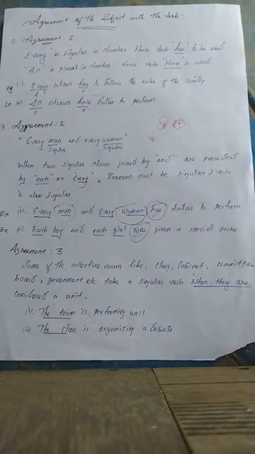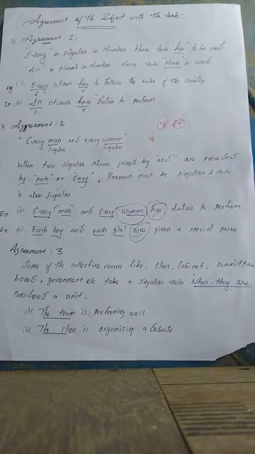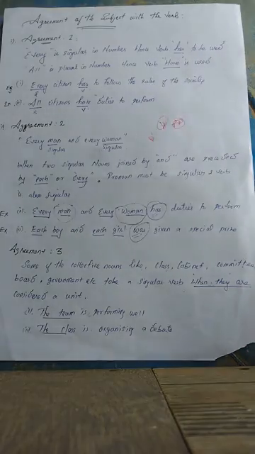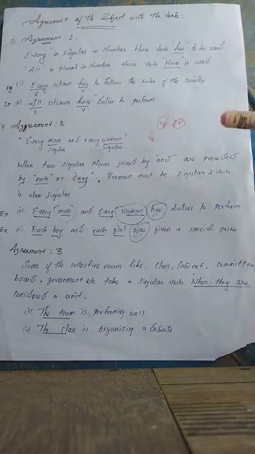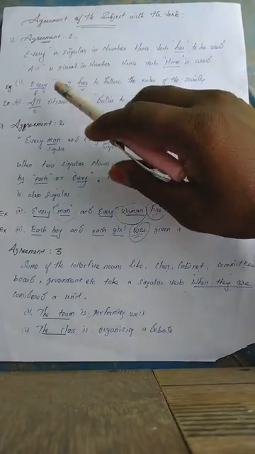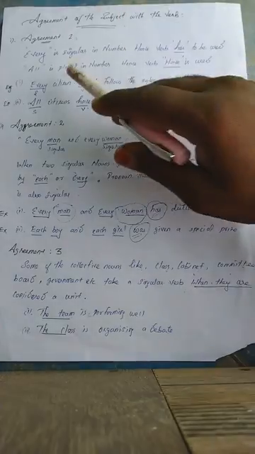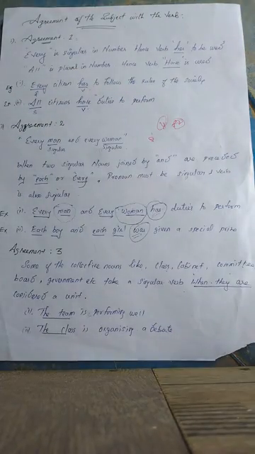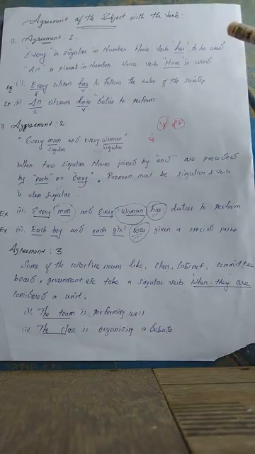So if you come across a sentence that begins with every or each, it is considered singular in number, and you have to go for the singular verb, that is has, is, was. Otherwise, if a sentence starts with all, then it is considered plural in number, and you have to go for the plural verb, that is have, are, or were.